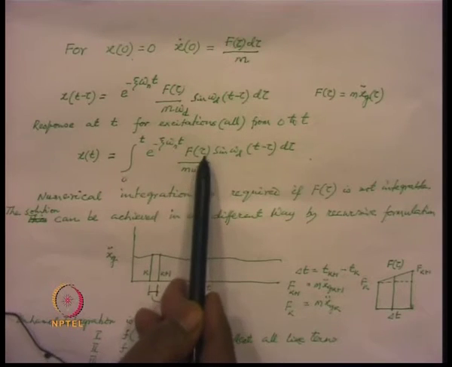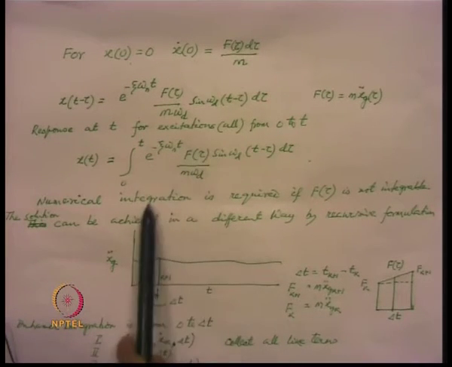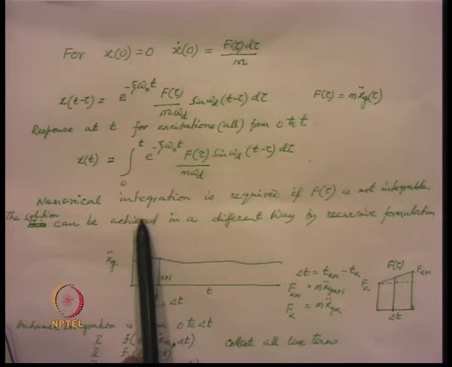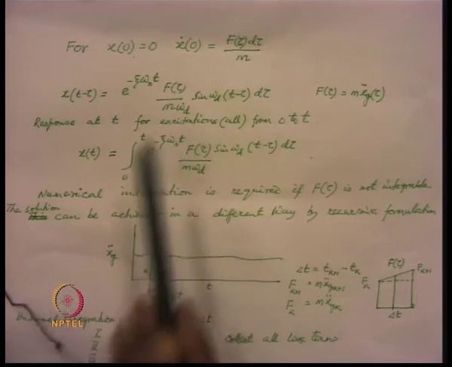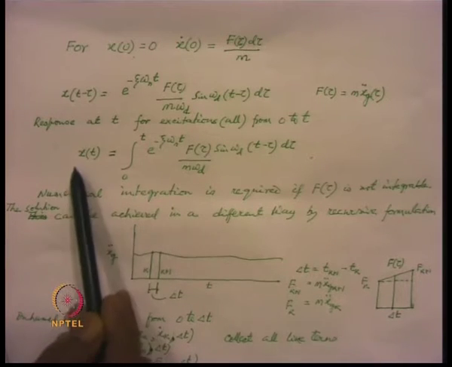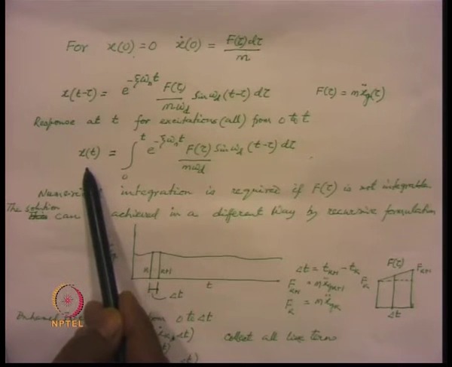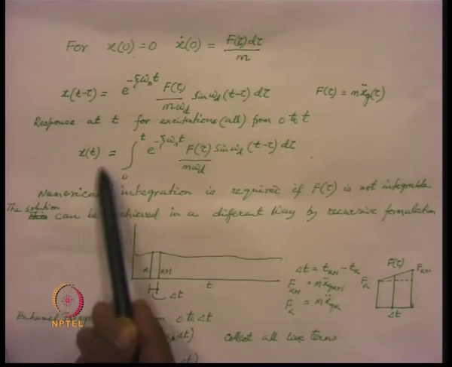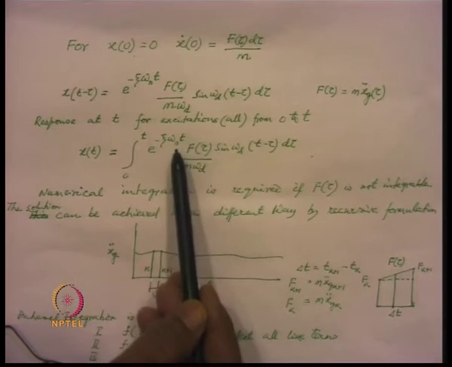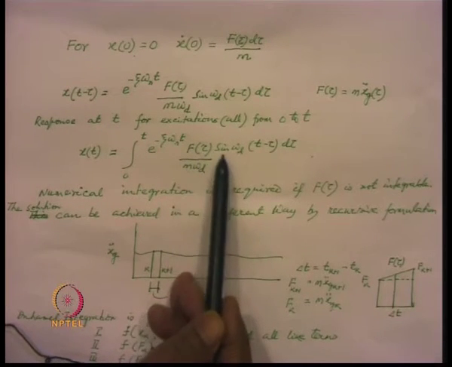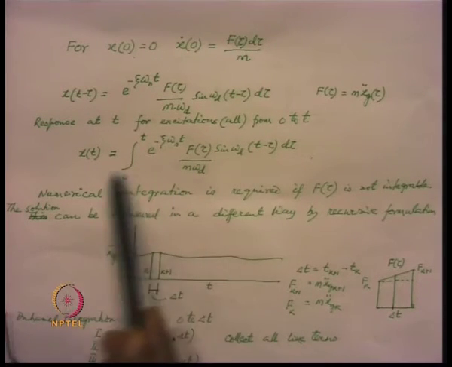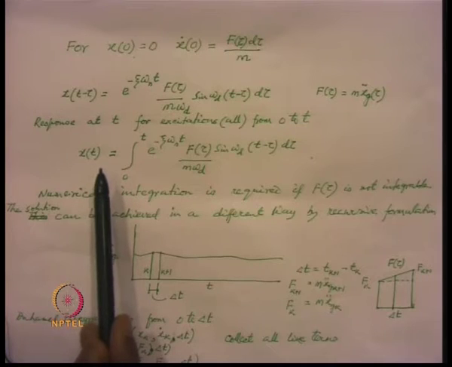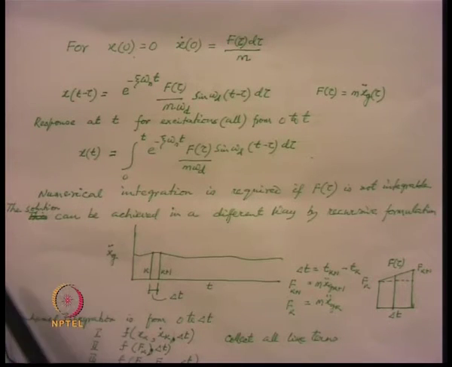If f tau is an integrable function, then there is no problem; one can obtain the response x t in closed form analytically. However, if f tau is not an integrable function, then one has to perform a numerical integration to get the value of x t.